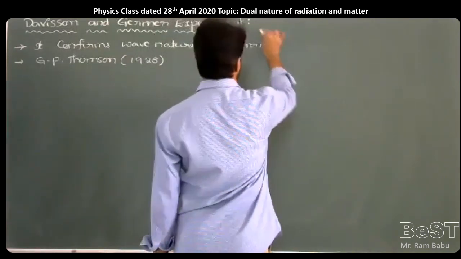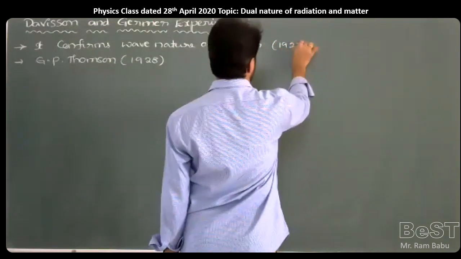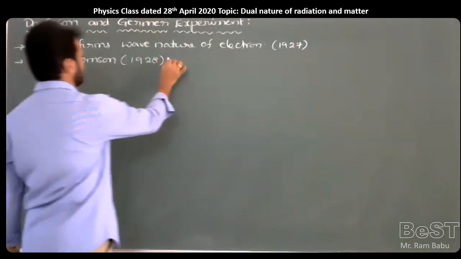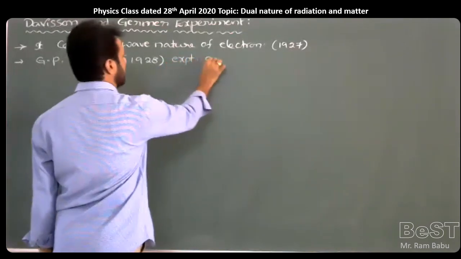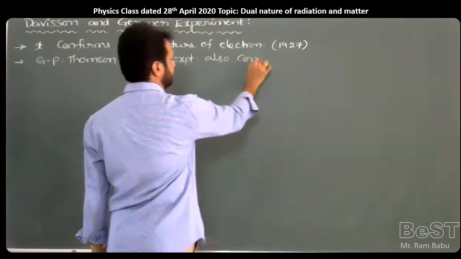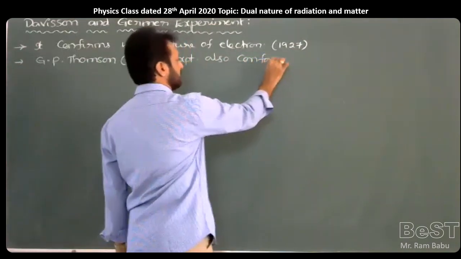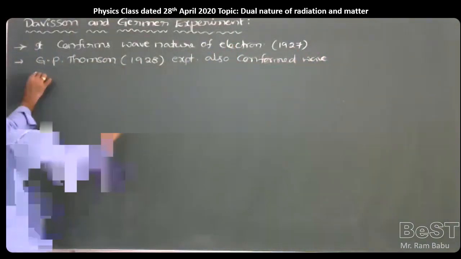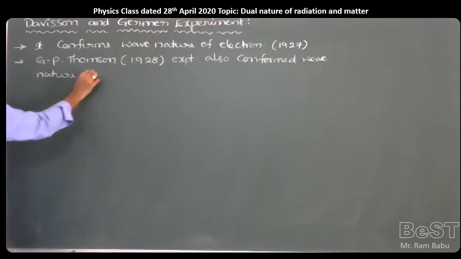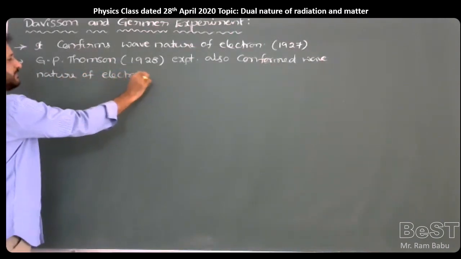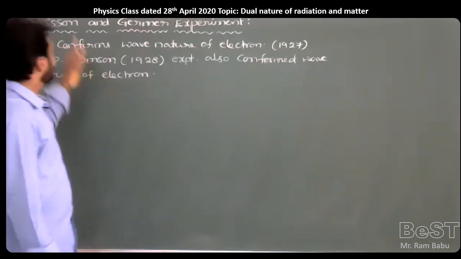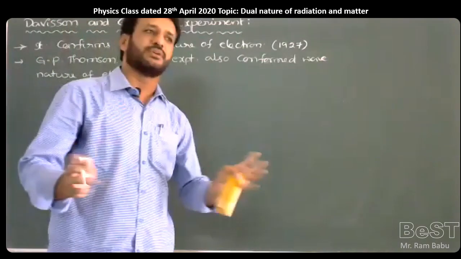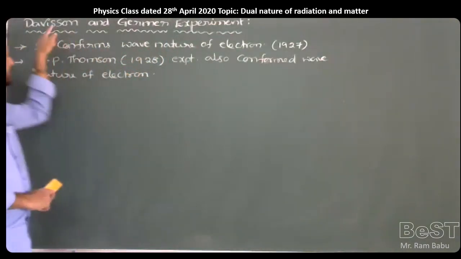The G.P. Thomson experiment also confirmed the wave nature of the electron. That's why in 1937, Davisson and G.P. Thomson both shared the Nobel Prize for this work.